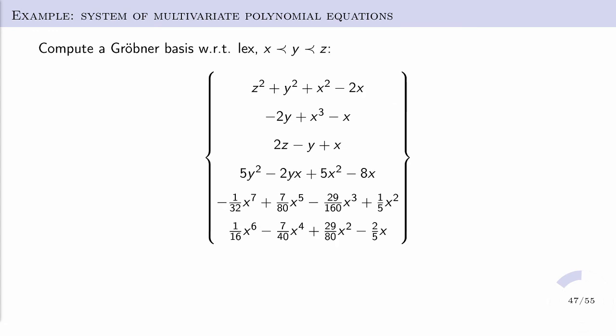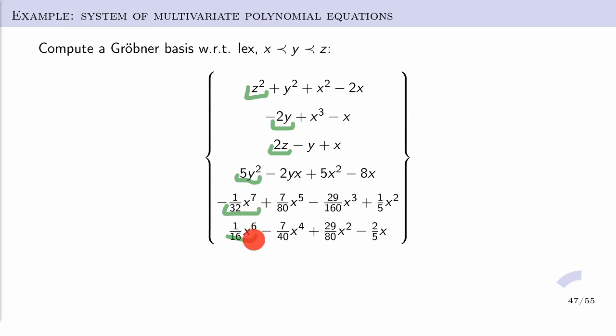How can we do that? As observed earlier, here is the leading monomial, here is the leading monomial, these are the leading monomials. And so observe that, for example here, x^6 divides x^7.